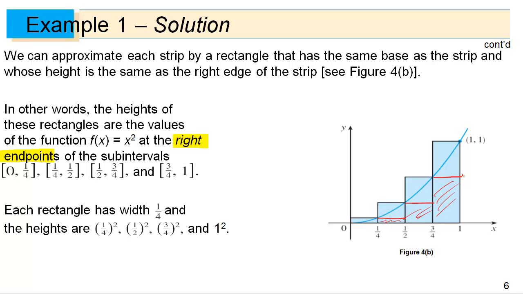And then of course you could take the average of the two and that would be an even better estimate. You can also do, which we'll see as another technique, instead of doing a right hand estimate or a left hand estimate, the midpoint estimate, where you go to the middle of each of your little intervals and you draw a rectangle based on the height of the function at that midpoint.